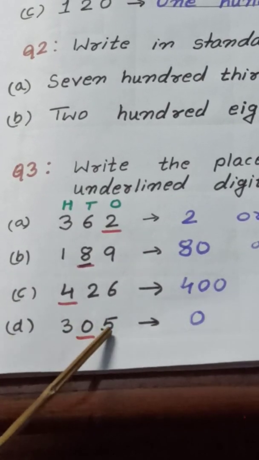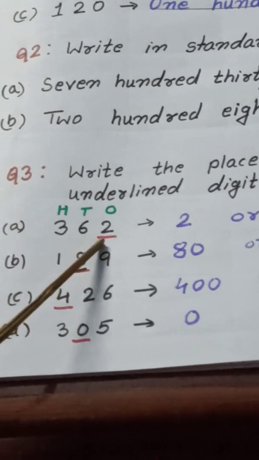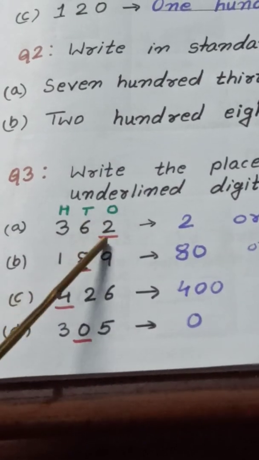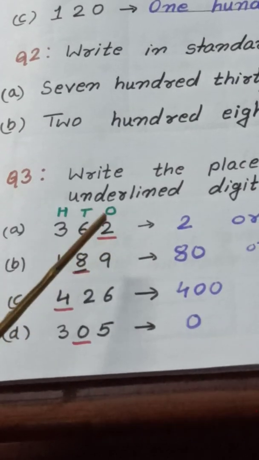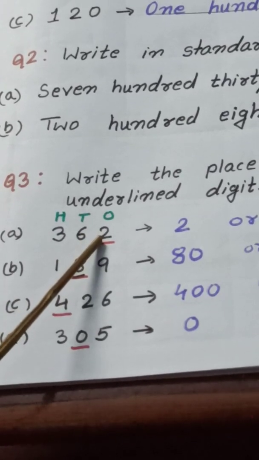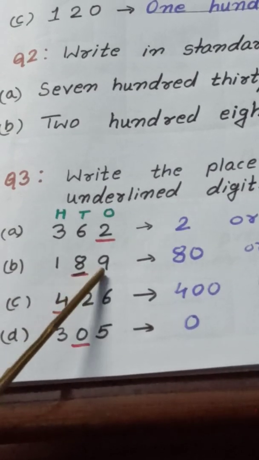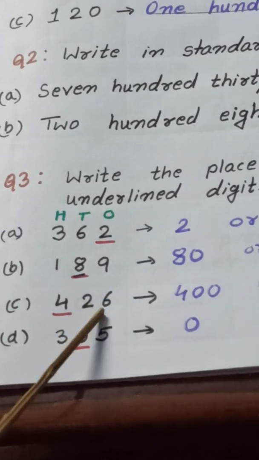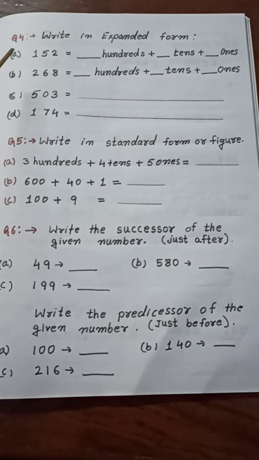And one more thing we have to remind: the place value of the digit standing on the ones place will always be the same number. Suppose I ask what is the place value of 9, you have to write the same number. Then place value of 6, so only 6, right?